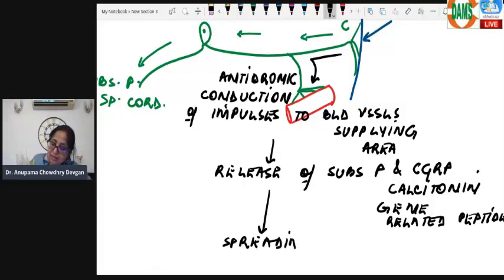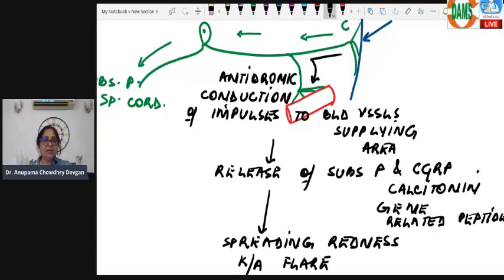This spreading redness is known as the flare response.